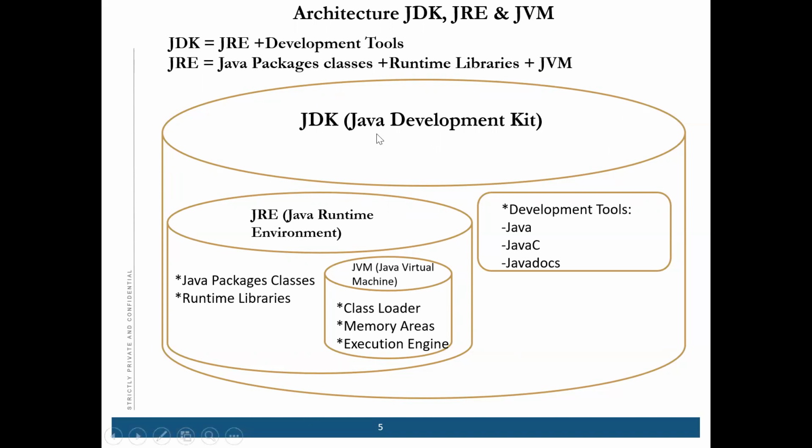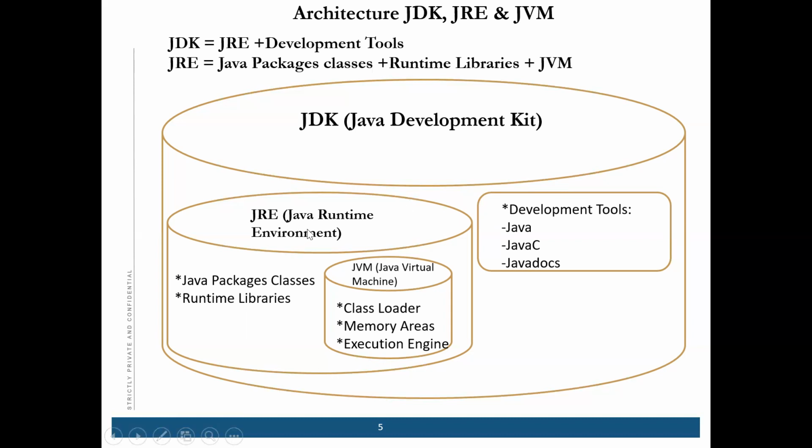As it is written here, the Java Development Kit has a JRE, which is the Java Runtime Environment, plus the development tools. What do the development tools have? They have the compiler of Java, all the documents of Java, and whatever is needed for running the application.